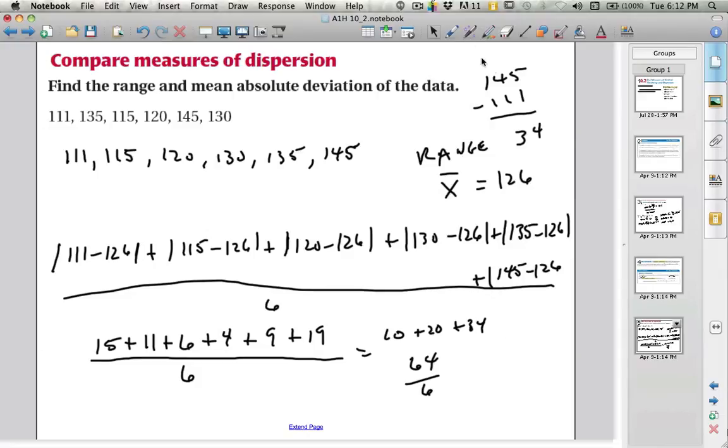So basically it's 10 and 2/3. That is my mean absolute deviation. Okay, so what we've worked through is how to find the mean, the median, the mode, the range, and the mean absolute deviation. So not standard deviation, which is a more common measurement to learn how to measure.